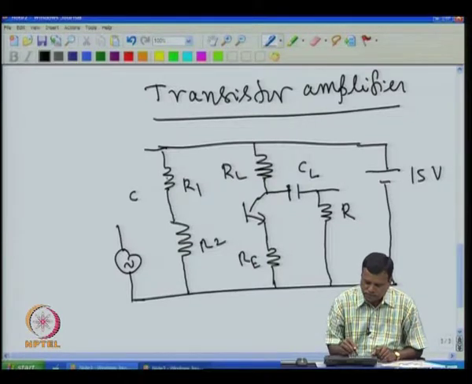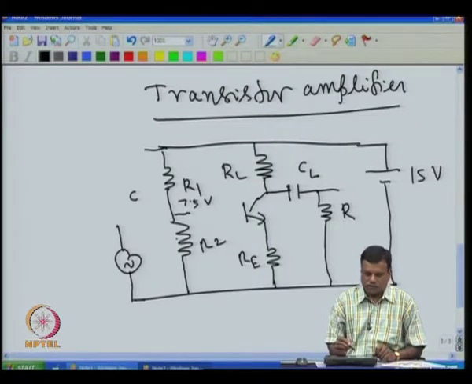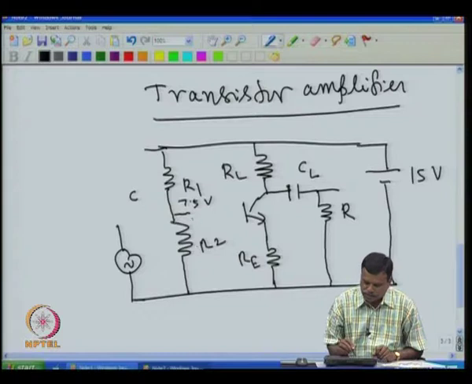For example, if this is 10 k and this is also 10 k, then I will get half the voltage. For example, I will get 7.5 here. I can select of course any values. I assume that R1 and R2 are equal to start with. So, I will get 7.5, then I connect this 7.5 to this point.